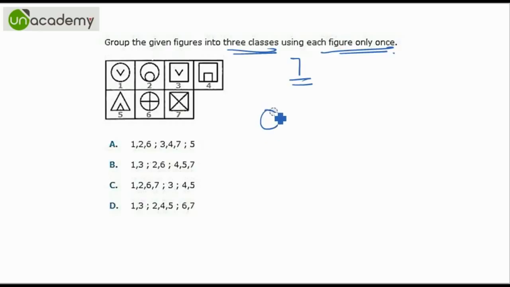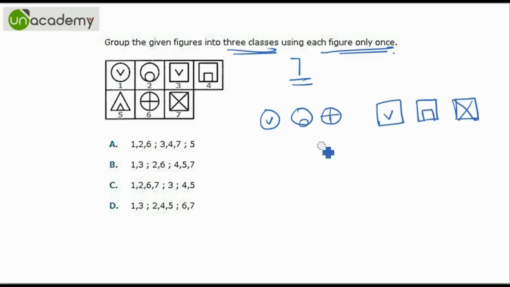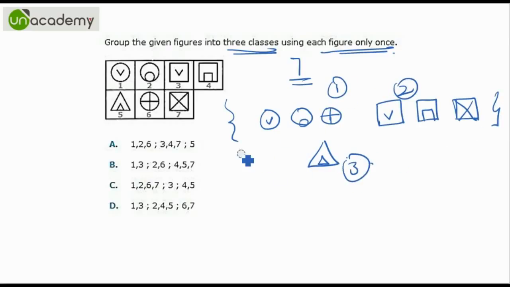We see that 3 figures have circles like this, and 3 figures have squares like this, small square inside and this cross, and one has triangle. So these can be the most probable groups, group 1, 2 and 3.